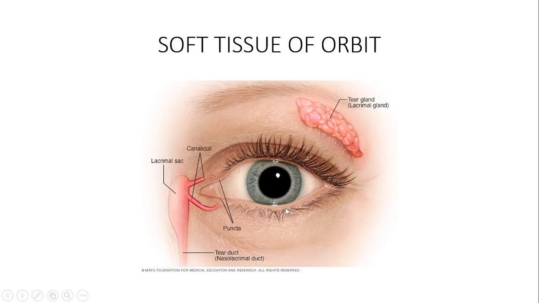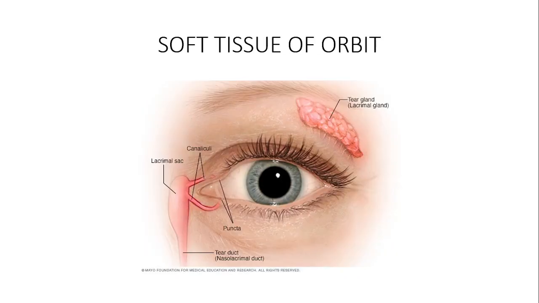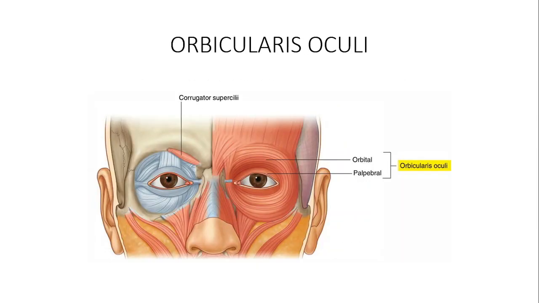So we will in future learn about certain diseases that can be found within the eyelid, but for today, let us concentrate on just two particular diseases that may happen. For your information, remember that the orbicularis oculi muscle, which helps in closure of the eyelid, is innervated by the seventh cranial nerve, also known as the facial nerve.